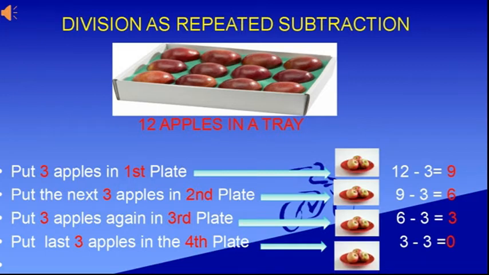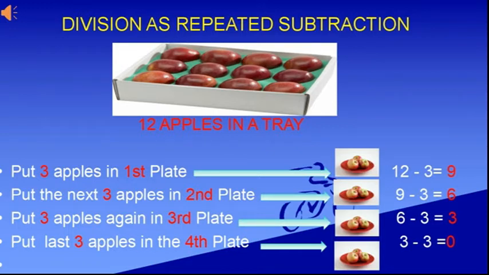We have learnt division as equal distribution. Now let us see why division is also called repeated subtraction. Children, here you can see that 12 apples are kept in a tray. Let us try to divide these 12 apples equally in different plates.